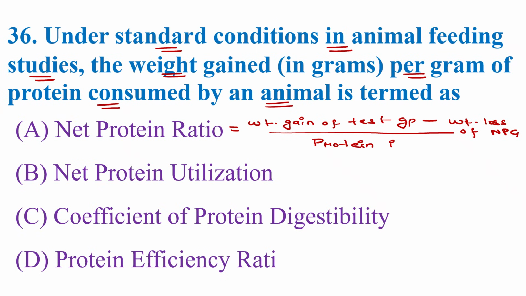So basically it adjusts for the weight loss in a protein-free group. So this is not correct. Next, the net protein utilization, that is NPU, is determined as retained nitrogen by nitrogen intake.